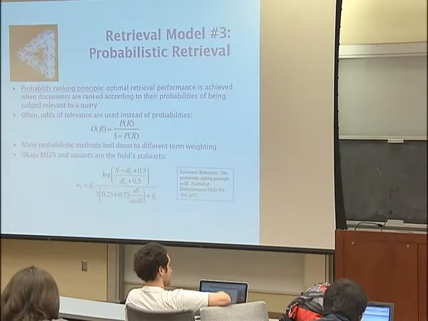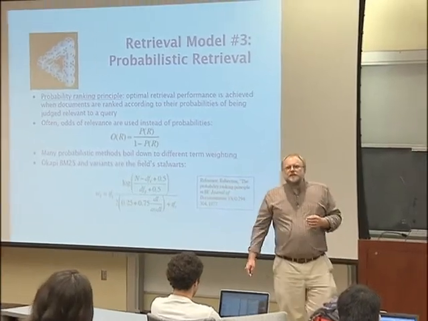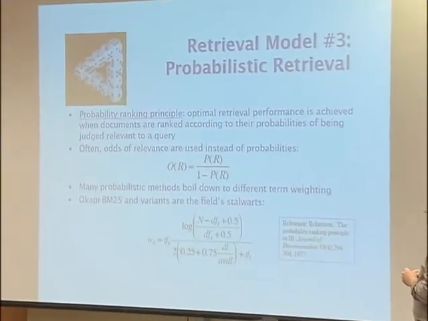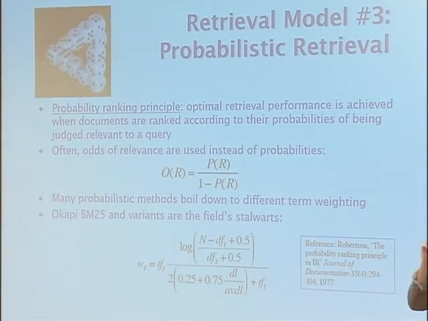Let's move on. There are 2 more models we're going to cover. One is called the probabilistic model. And there are really 2 important things about the probabilistic model. One is an articulation of what it means to rank results well.